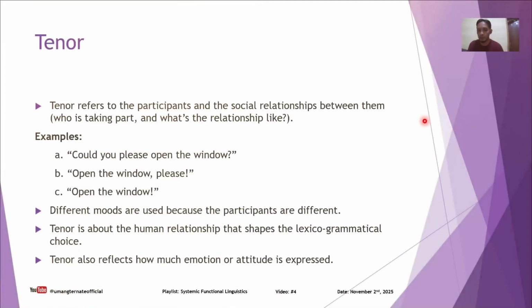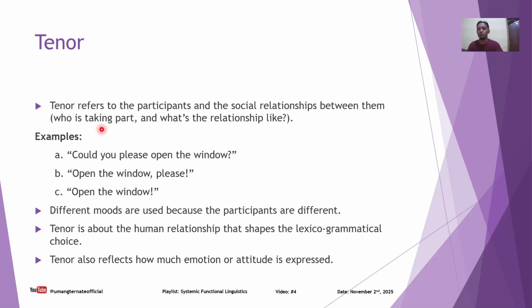The second register variable is tenor, or the tenor of the discourse. Tenor refers to the participants and the social relationship between them. I mean, the participants involved in the linguistic interaction.